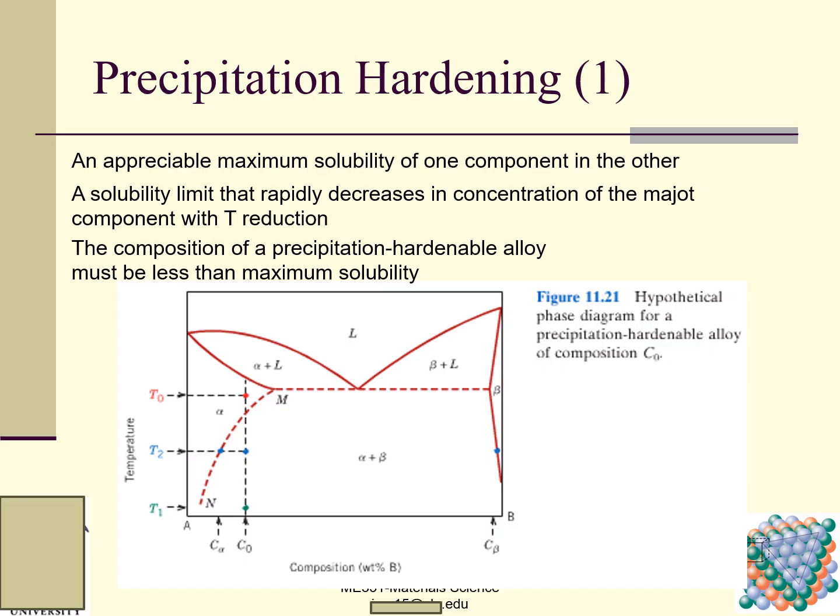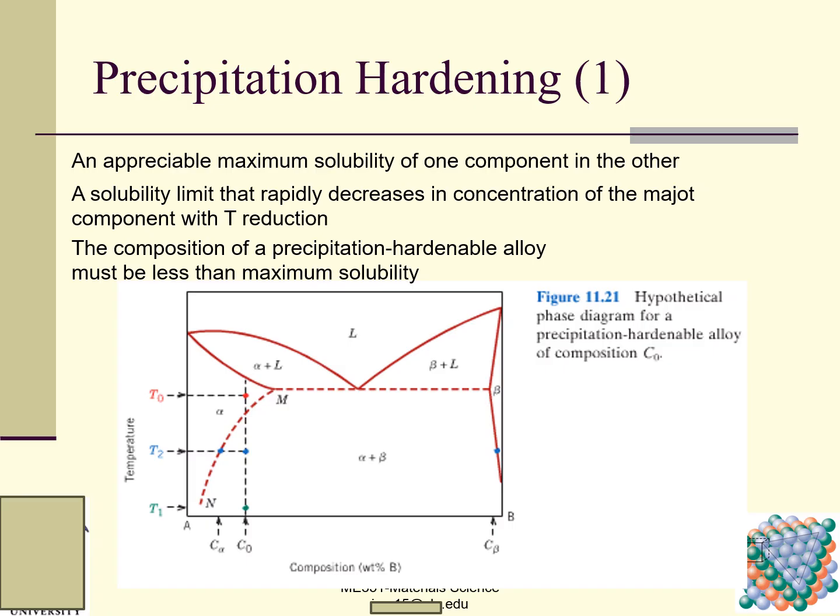We can see appreciable maximum solubility of one component in the other, and a solubility limit that rapidly decreases in concentration of the major component with temperature reduction.